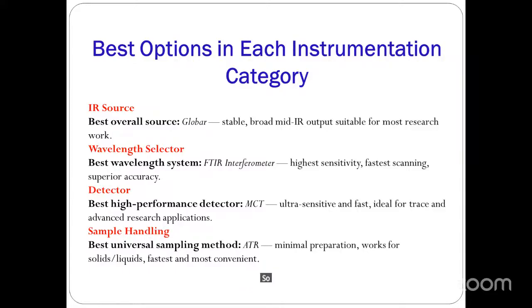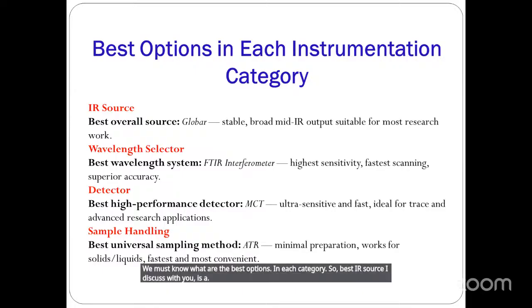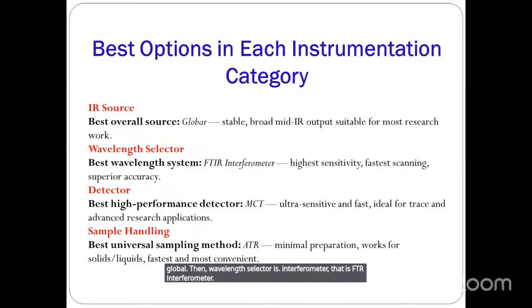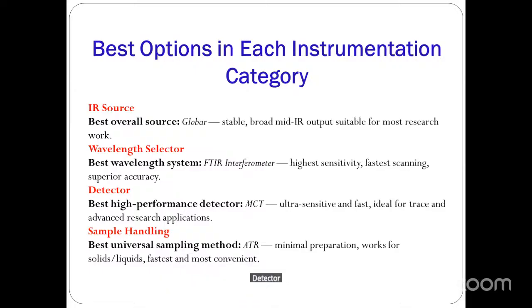While selecting a better IR instrument, we must know what are the best options in each category. So the best IR source, as I discussed with you, is a Globar. Then the wavelength selector is an interferometer, that is the FTIR interferometer. Detector is MCT. Advantages are shown here. And the ATR method is the best method for sample handling.